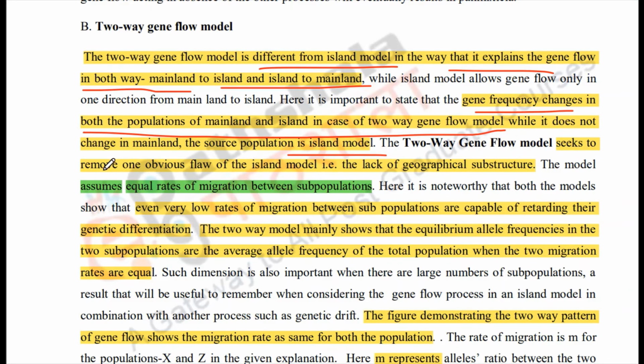Now this model seeks to remove one obvious flaw of the island model, which was the lack of geographical substructure. This was a major flaw cited with respect to the island model. In order to overcome this flaw, this model makes an assumption that there are equal rates of migration between the subpopulations as well.